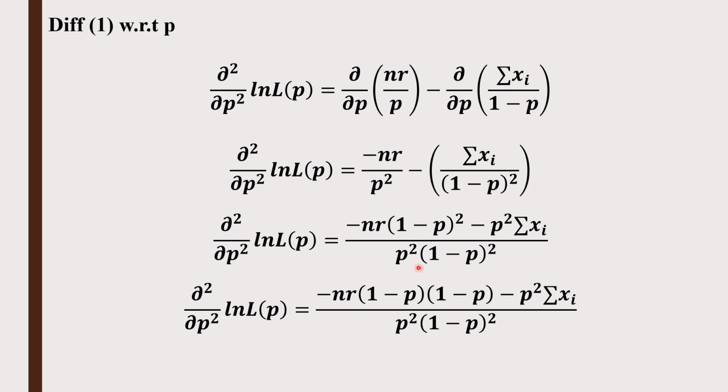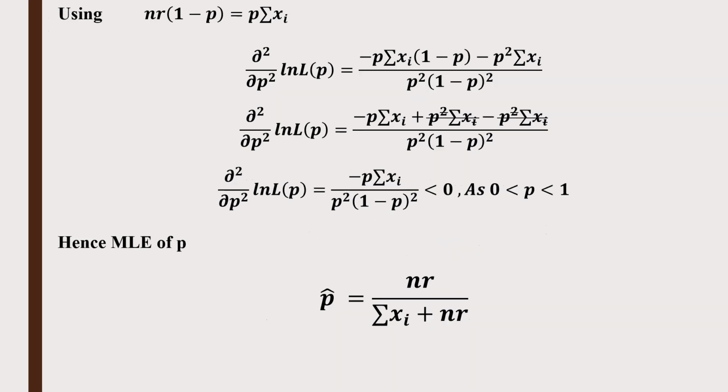Now taking the LCM, p square into 1 minus p square, we have minus nr into 1 minus p whole square. We break 1 minus p whole square as 1 minus p into 1 minus p, because we will use the value nr into 1 minus p to be replaced. We replace this value using nr into 1 minus p equals p summation xi.